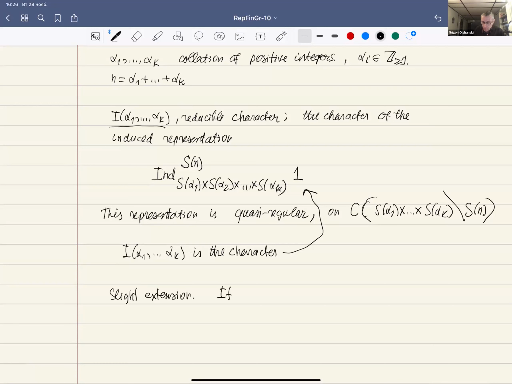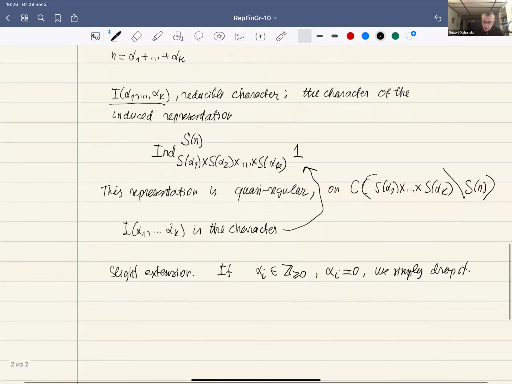If these numbers are non-negative and some alpha sub i is equal to 0, we simply drop it.